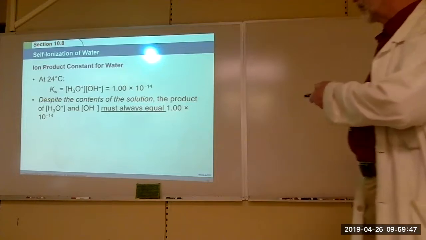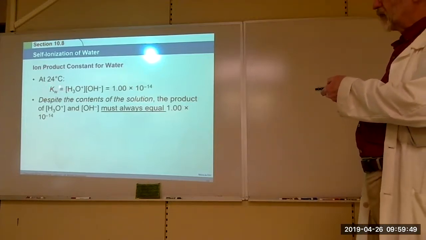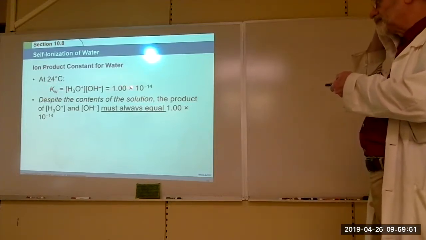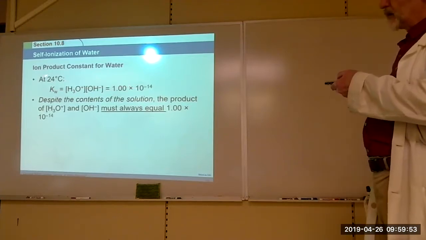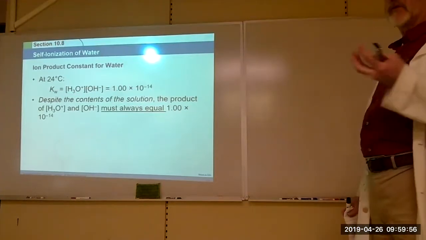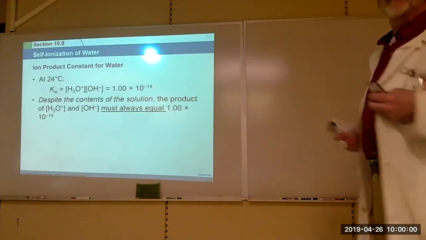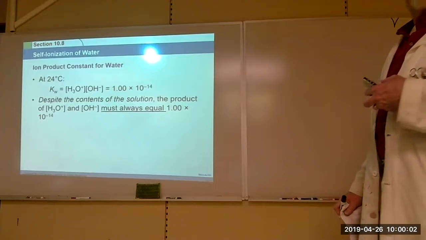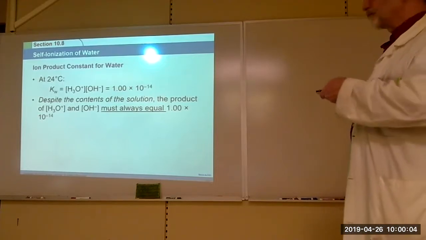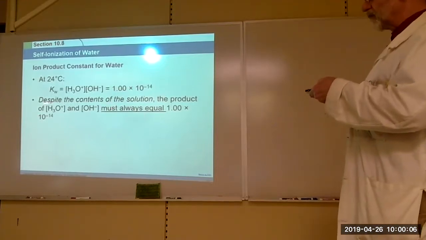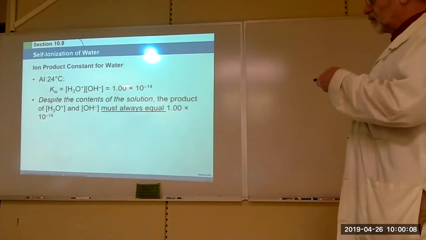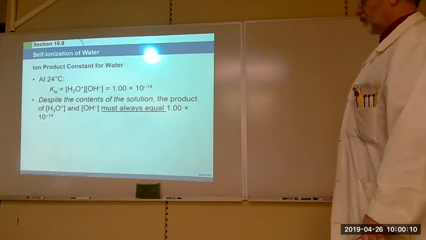And there's your K expression, equilibrium expression for water at 24 degrees. If we deviate from 24 degrees, then that changes slightly. But for all intents and purposes, if you're not too far afield from 24, then this value will be relatively constant.